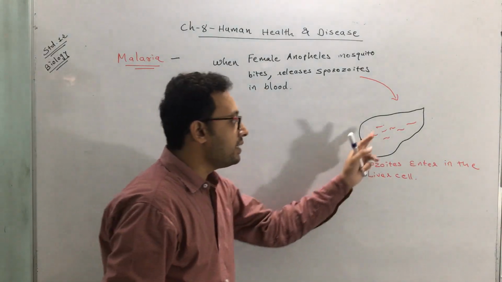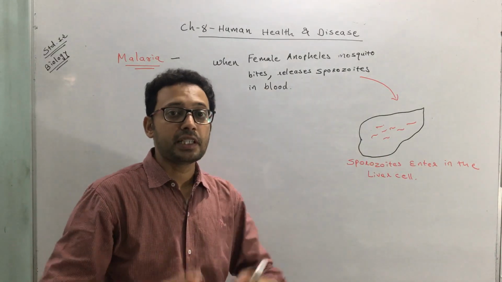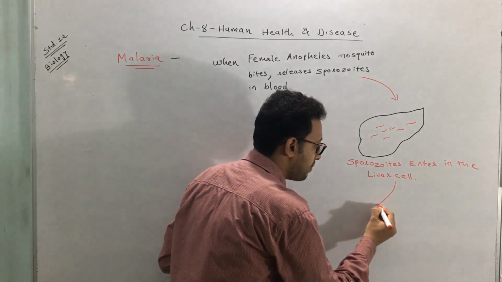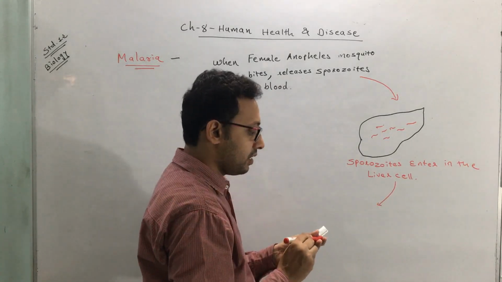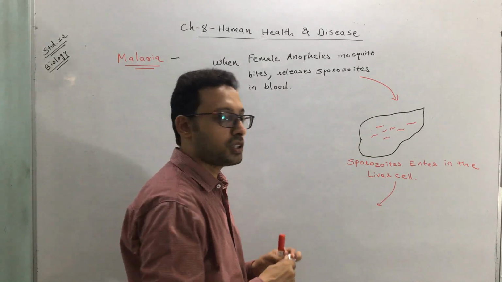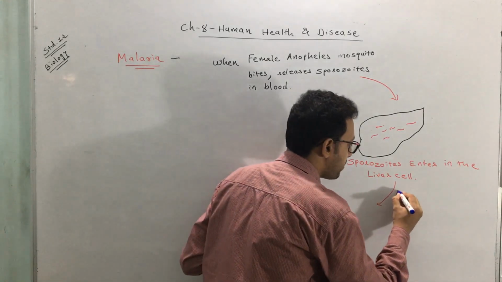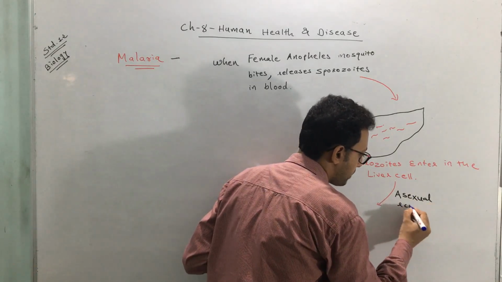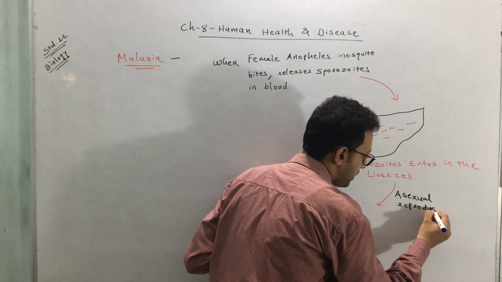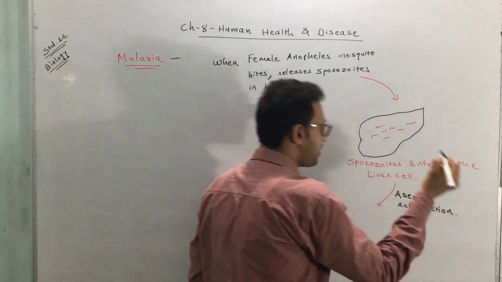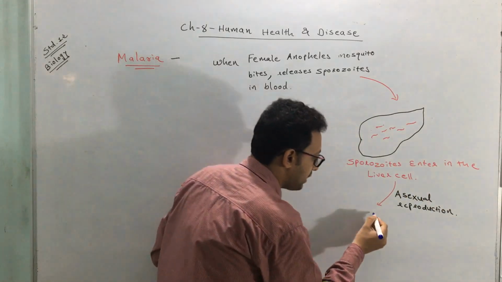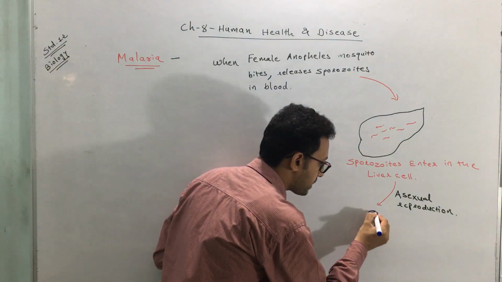Now in the liver cell, the sporozoites multiply rapidly. That means reproduction takes place, and the type of reproduction is asexual reproduction. Suppose I am showing this one liver cell.